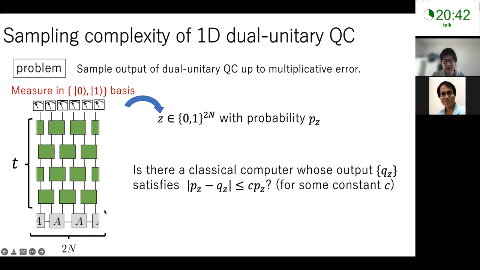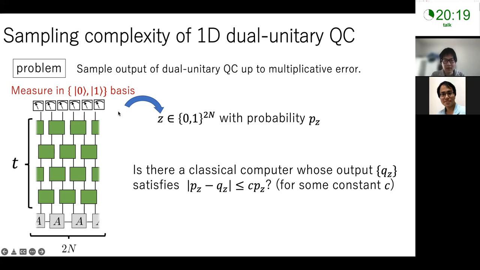We first prepare a solvable initial state and apply dual-unitary gates for time t. And finally, we measure in the computational basis all of the final quantum state.